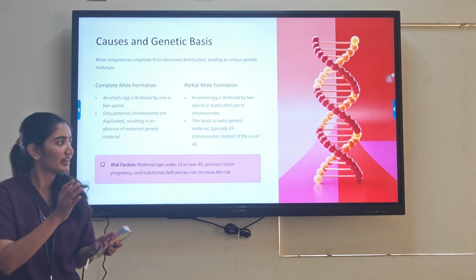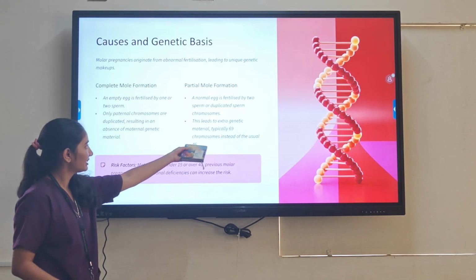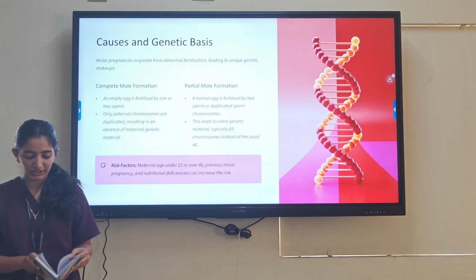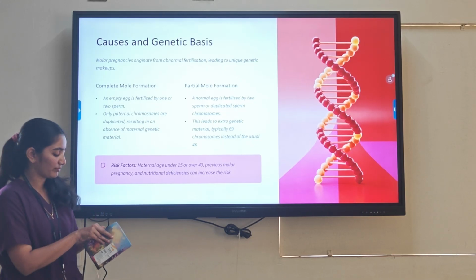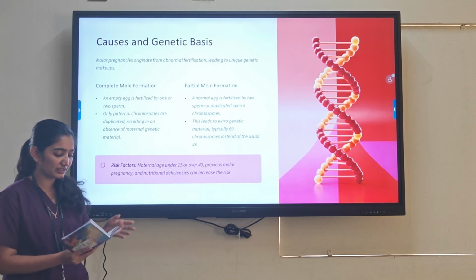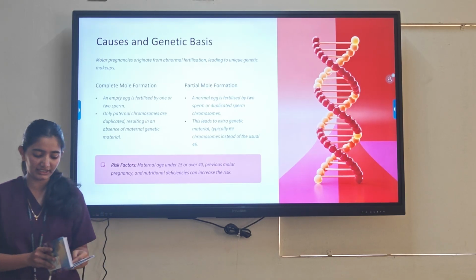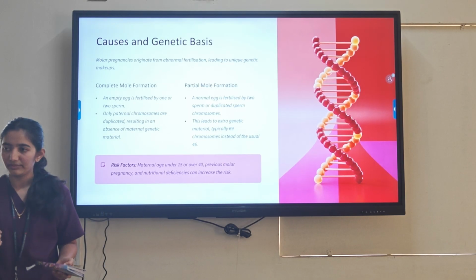That is common, right? But here 69 chromosomes are there instead of 46. So this is a severe genetic abnormality in which the fetus has three complete sets of chromosomes.